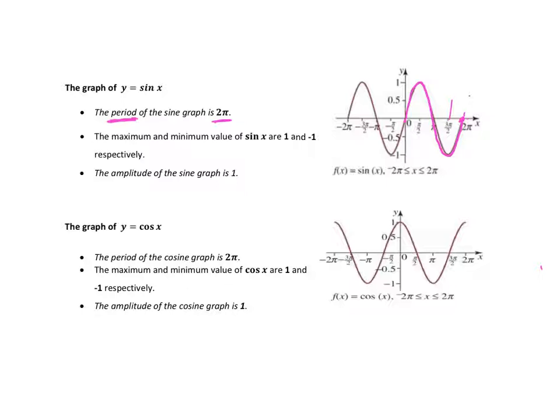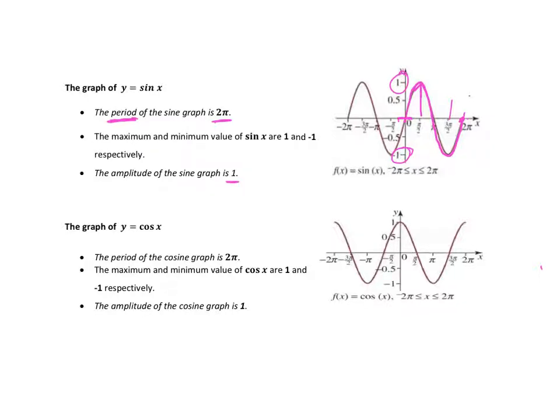So that's why the period of sine x is 2 pi. The maximum and minimum values are 1 and minus 1, and we get our amplitude from that. Our amplitude goes from the middle up to the highest point, if you like. So our amplitude for sine x is 1.